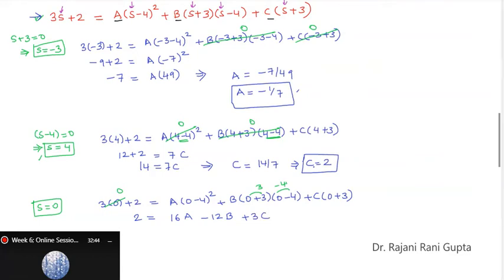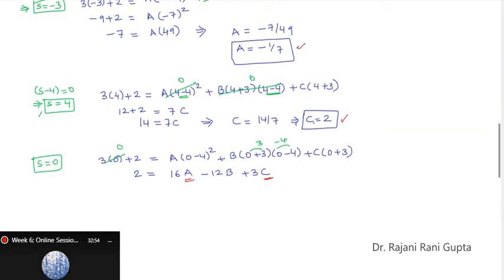Now we have the value of c from the above relation, and also the value of a from here. Substitute these values here. So what we will get: 2 equal 16 times, what is the value of a?